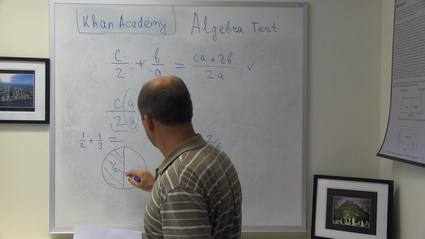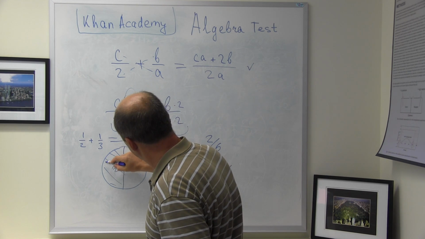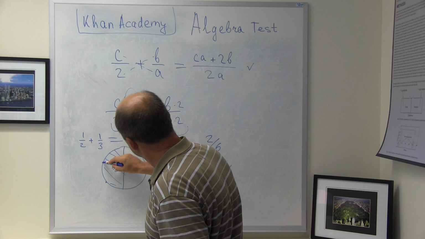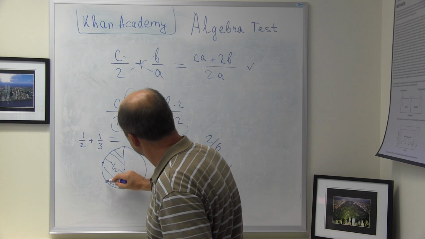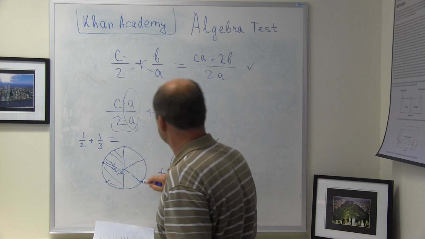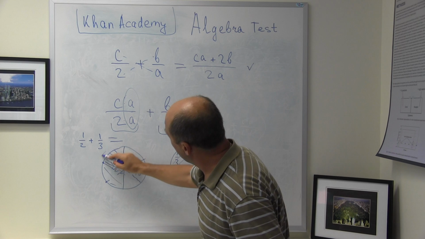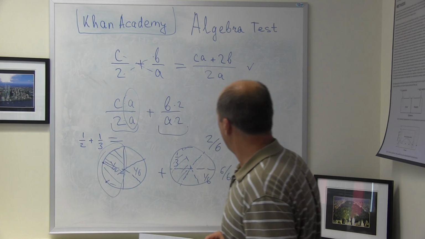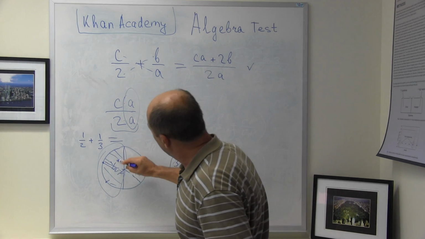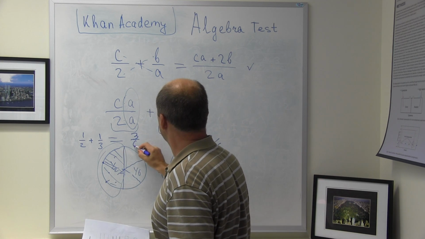What about these? Well, here it will also help to divide this piece further into 3 equal pieces. And in a way, we also divide these into 1/6. And you can visually see now that this is 3/6.